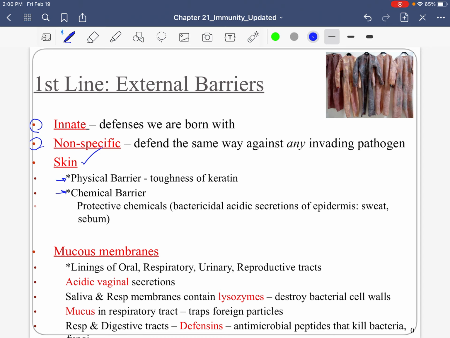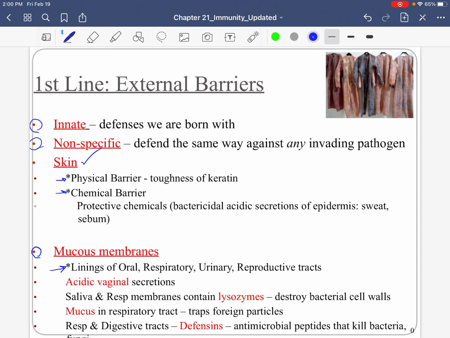In addition to our skin, we're also going to count mucous membranes as part of our first line of defense. These are going to be linings of certain tracts within our body. Think of the respiratory tract, your airway. Think of the digestive tract, your mouth. Think about the reproductive tract, particularly in women, the vagina, or in women and men, the urethra.